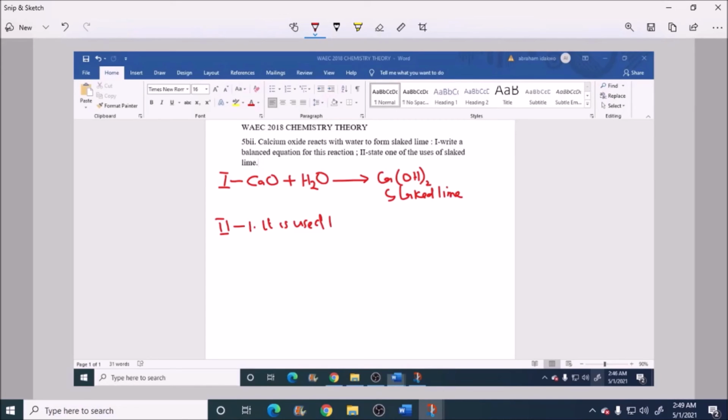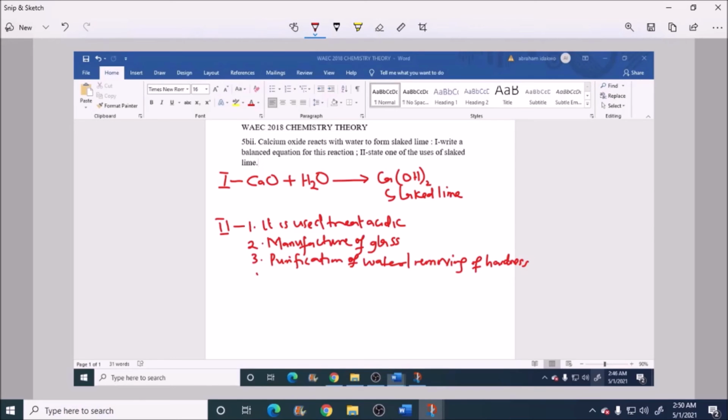Then number 3, it is used in the purification of water, or removing hardness of water.